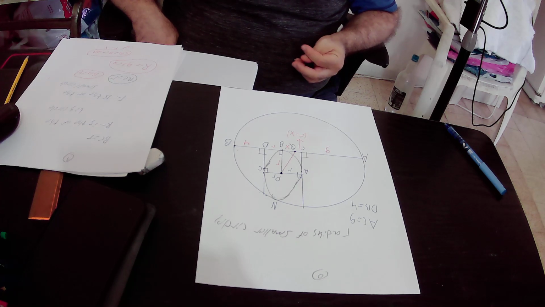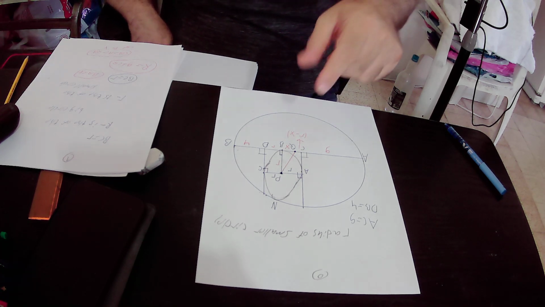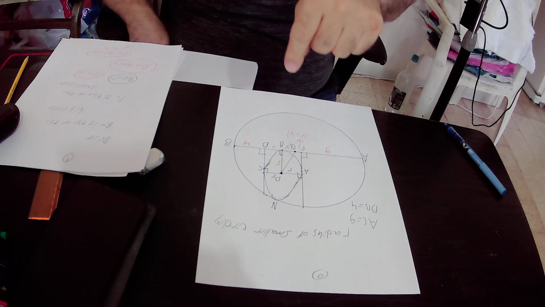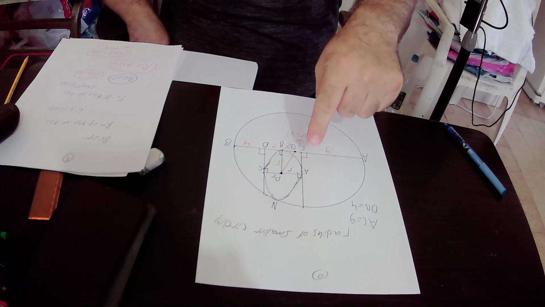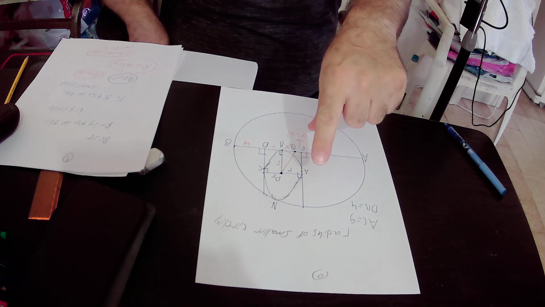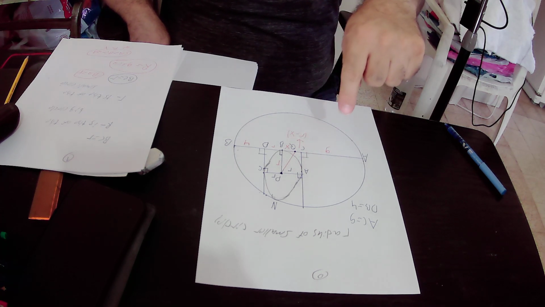So we actually drew 3 radii to the points of contact between the tangents and the circle.